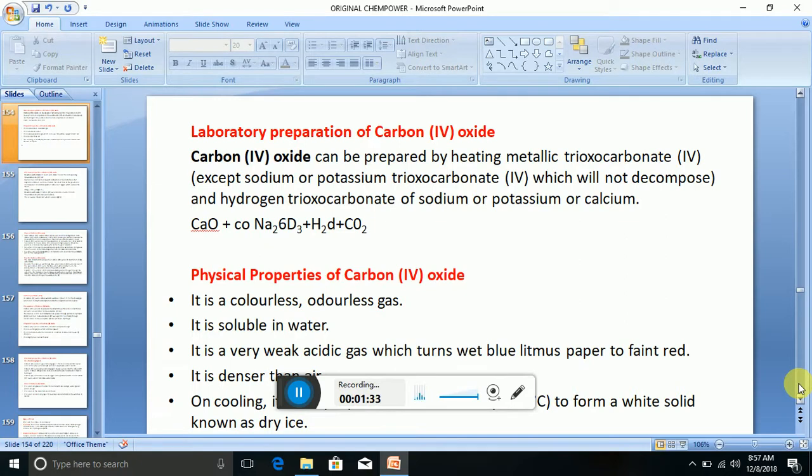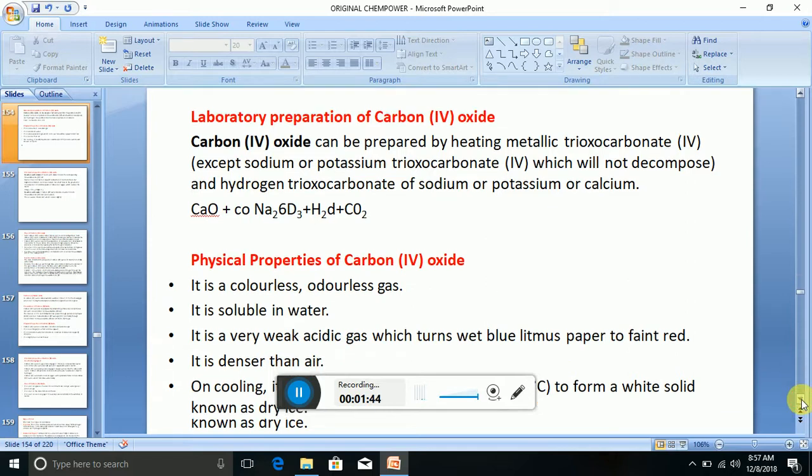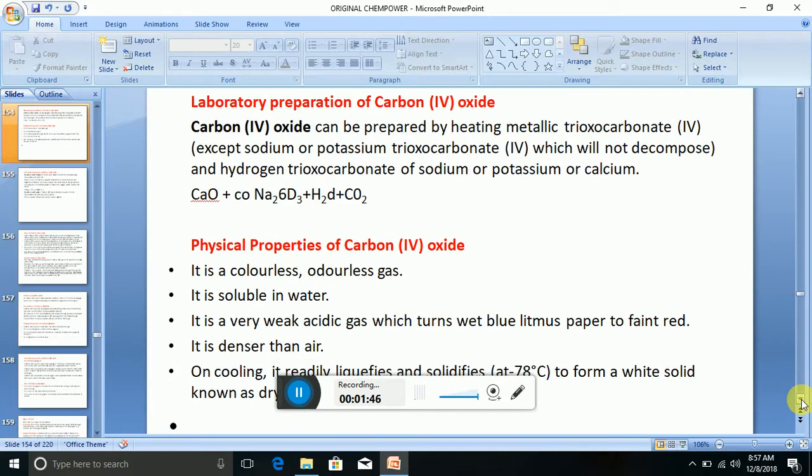Physical properties of carbon (IV) oxide. It is a colorless, odorless gas. It is soluble in water. It is a very weak acidic gas which turns wet blue litmus paper to faint red.